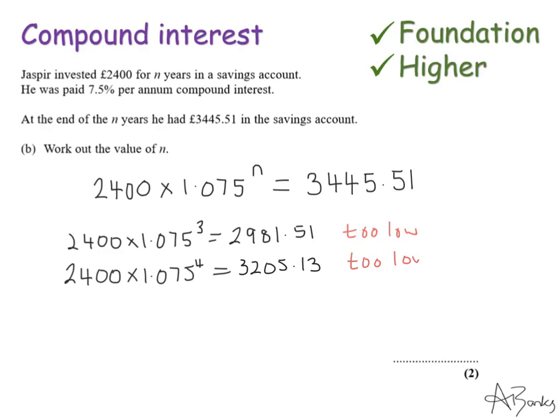I'm getting pretty close now, though I feel like the answer might be 5, but I need to test it out to be sure. 1.075 to the power of 5. And yes, that gets me the right answer, 3,445.51. So the question was work out the value of n. How many years was it? It was 5 years, so n is 5.